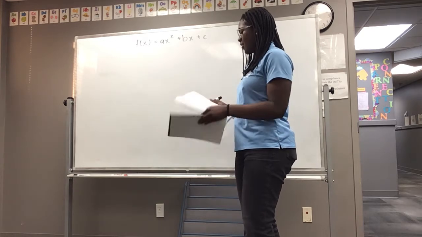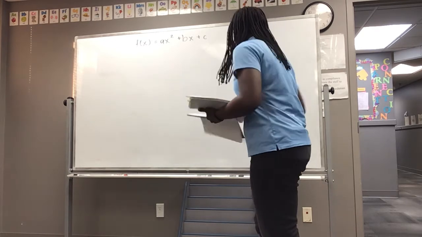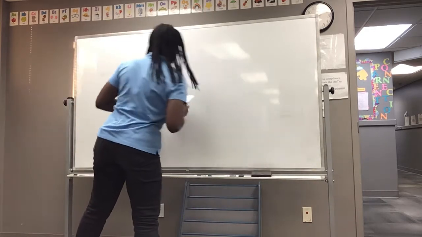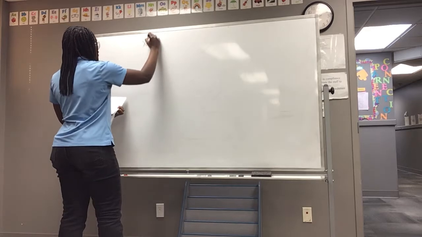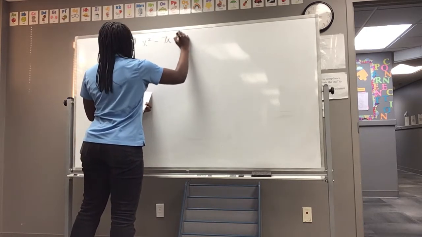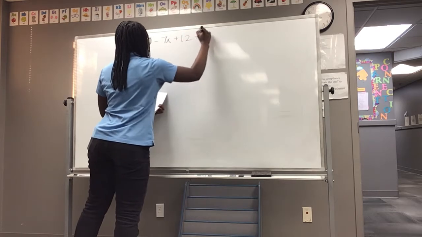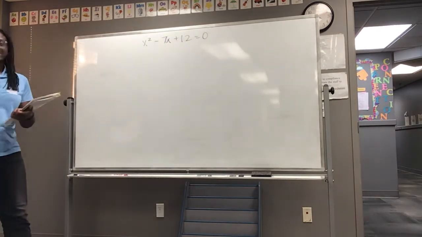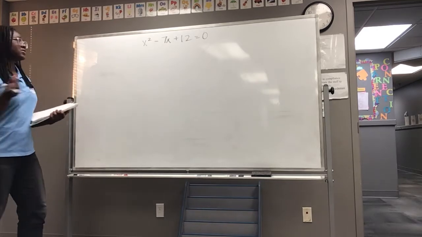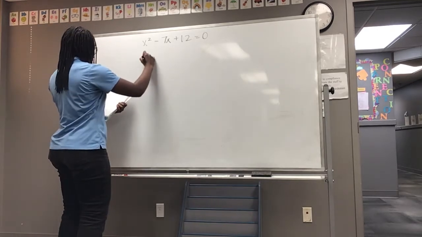So this is what you should see in the math packet. And so when we're factoring these quadratic equations, our goal is to get them into intercept form, which looks like this.